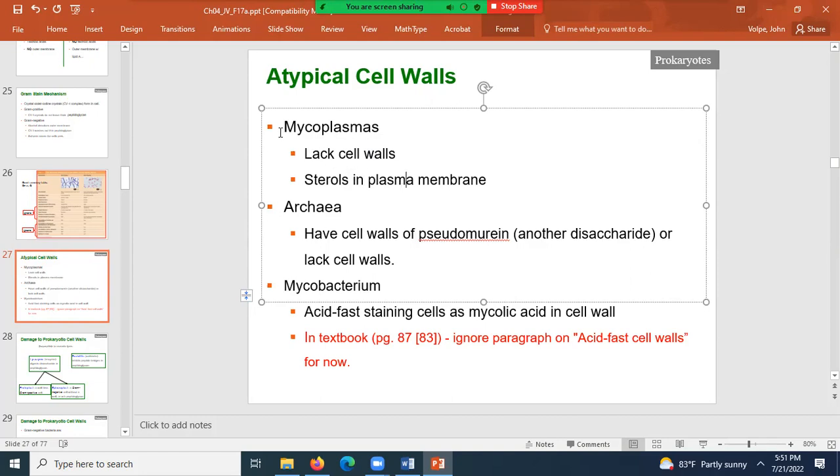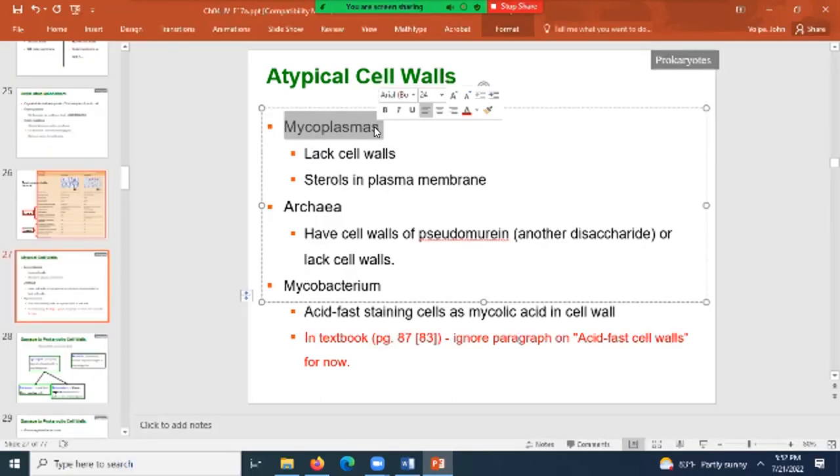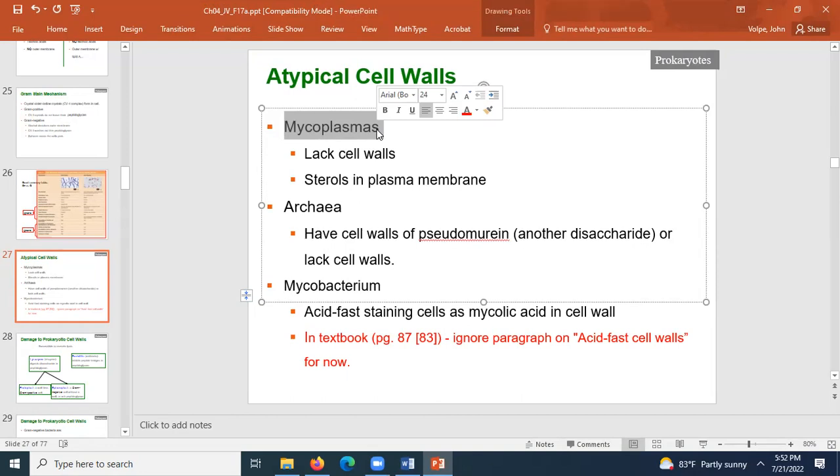So the mycoplasmas do not have a cell wall. When we use the gram stain on them, will they stain gram-positively or gram-negatively? Anyone going to take a guess? You've got a 50-50 chance here.